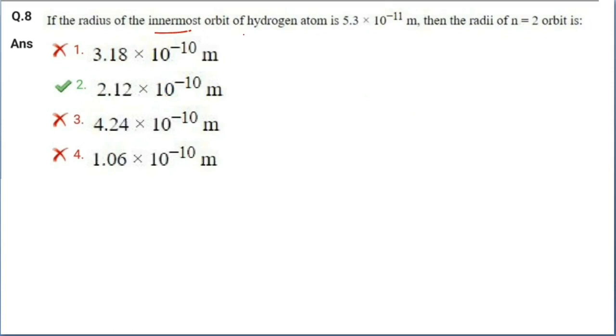Question number 8. If the radius of the innermost orbit of hydrogen atom is 5.3 into 10 to the power minus 11 meter, then the radius of the n equal to 2 orbit is?